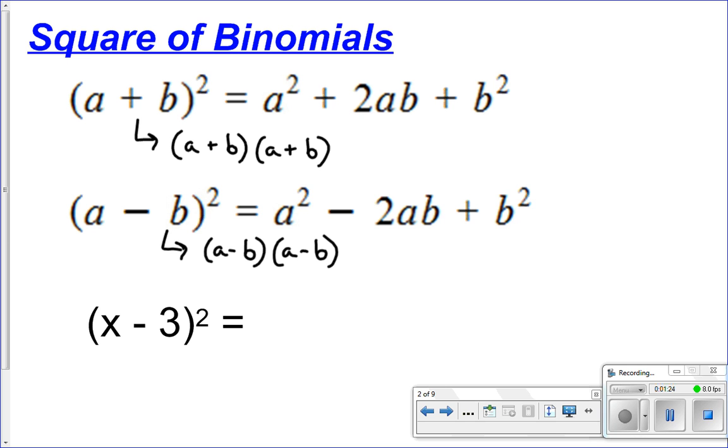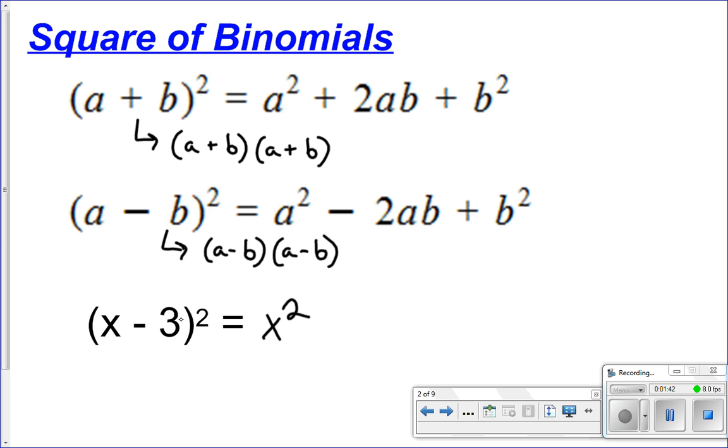So I have (x - 3) squared. It's going to use the (a - b) squared formula. So it's going to take the a term, which is the first term, in this case x, and square it. So we get x squared. And then it's minus 2 times a and b.